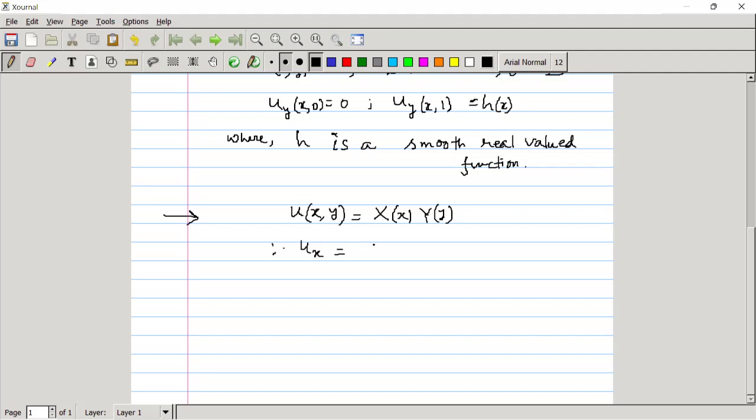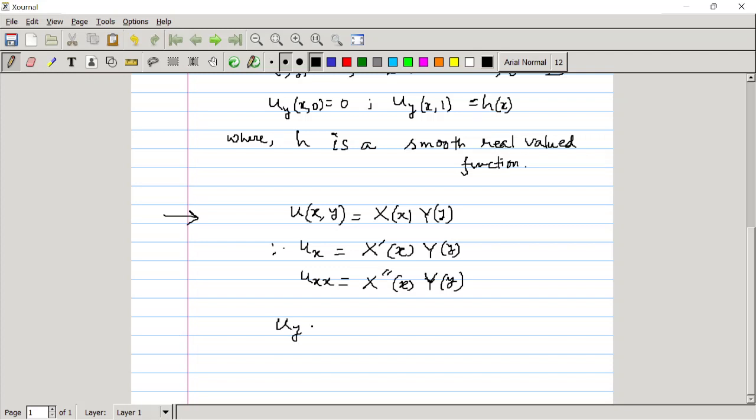Okay, I'm telling, u_x is just differentiation with respect to x. So here y is another independent variable, so no need. So only differentiation with respect to small x. Y(y) remains same. u_xx is similarly only differentiation with respect to small x, and Y(y) remains fixed, same thing, whatever it is.